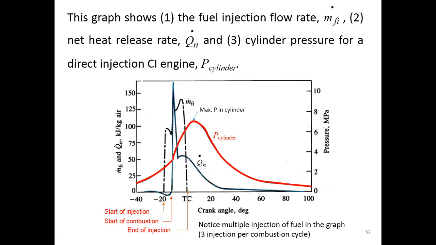It increases rapidly at the start of combustion, and then reduces rapidly just a short while after combustion happens. And after that, it increases a little bit and starts to die out here.